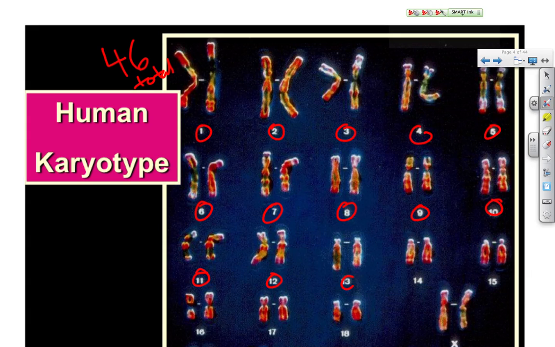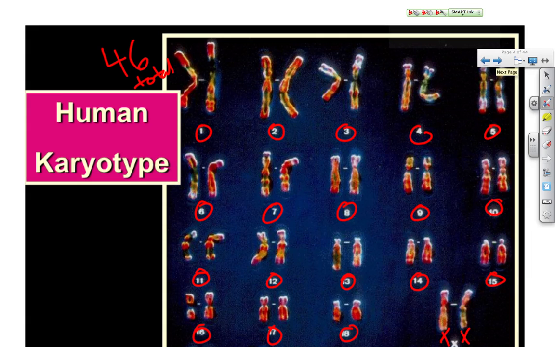So autosome refers to those normal chromosomes. Basically, chromosomes 1 to 22 are called autosomes. And then the very last pair of chromosomes, which in this case are two X's, are called the sex chromosomes.